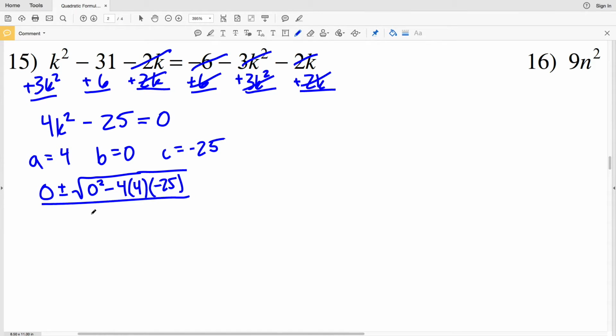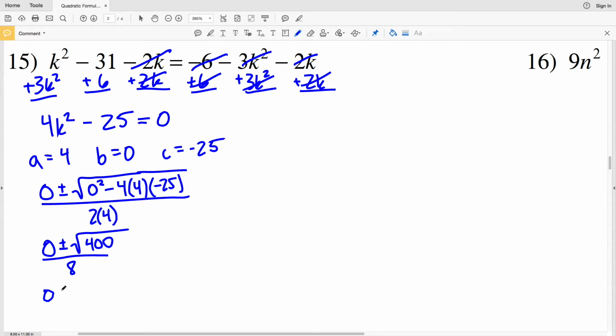That's all divided by 2 times 4. So I'll have 0 plus or minus the square root of 0 squared, which is 0, minus 4 times negative 25, which, if we're subtracting negative 400, that's the same as positive 400, all over 2 times 4, which is 8.